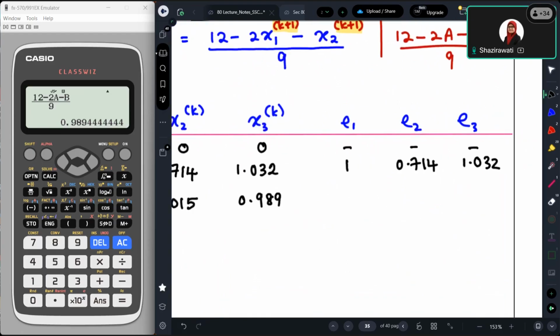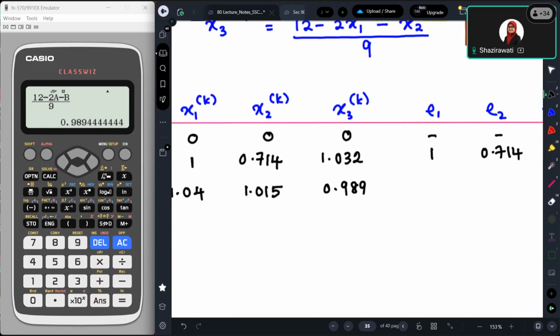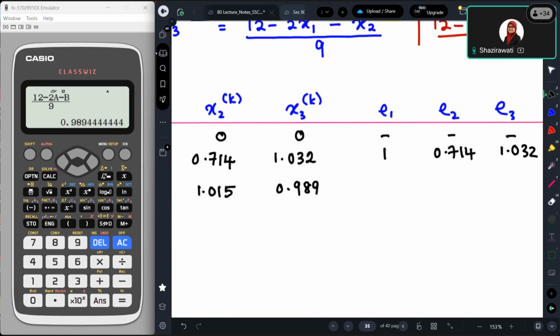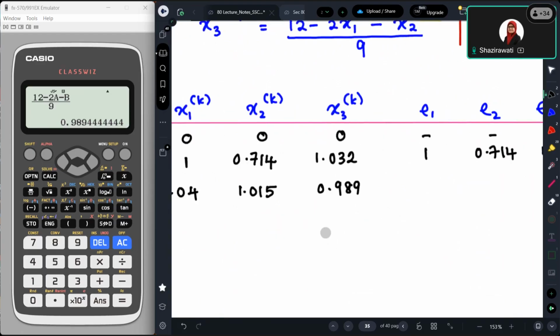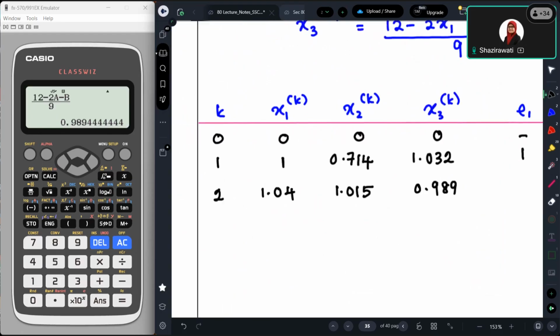Tinggal je kosong dulu. Bila you dah nampak dia kecil tu, then you may want to check. So mungkin the first 3 iterations, you tak kira pun E1, E2, E3 dia. Sebab you congak dalam kepala, yang maksimum tu masih lebih besar daripada stopping condition yang you ada. Okay, so kita boleh proceed je terus.